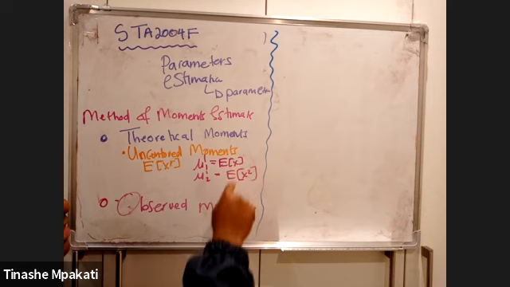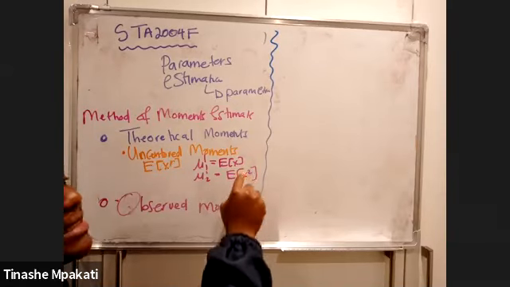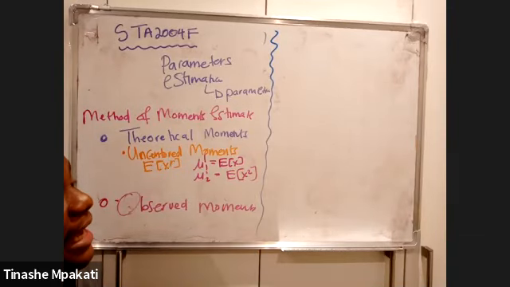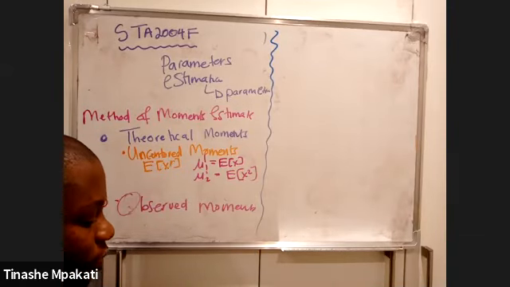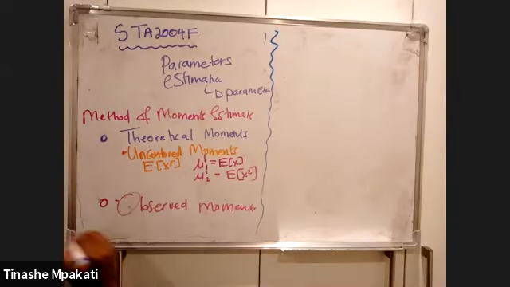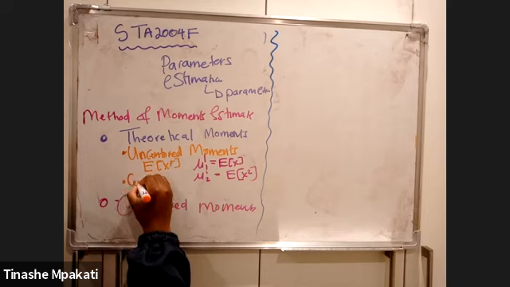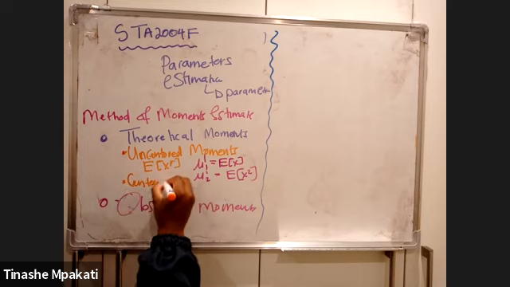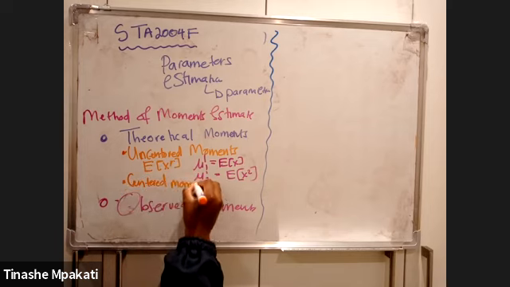Either it can be simply given to you, or you'll be given a distribution, which is on your formula sheet, and you can simply find some of these terms, like the expectation and the variance, on your formula sheet. While we're speaking about the variance, when this is with unstandard moments, we also have the centered moments. We have the standard moments, right?